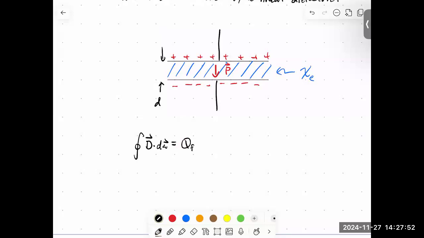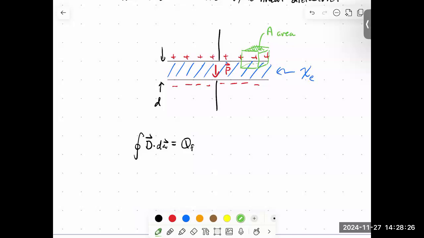So what I want to imagine is choosing a Gaussian surface that's a little pillbox, and I'm going to draw it like this. So it's going to straddle, say, the top plate. And so we'll say that what we have here is some area A. And then there's like a bottom surface to this little box, and we'll be worried about that as well.